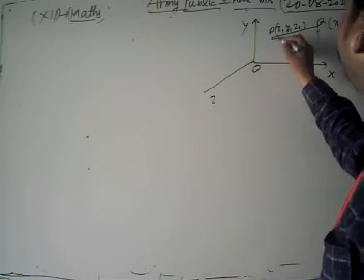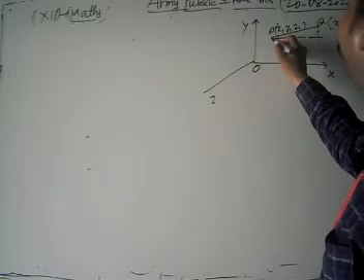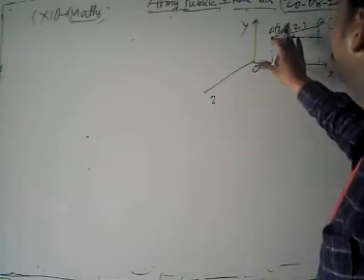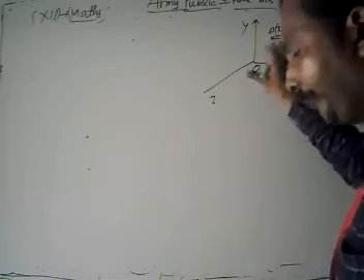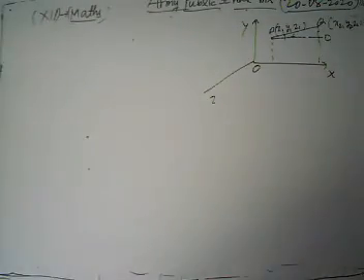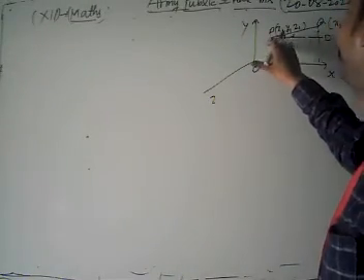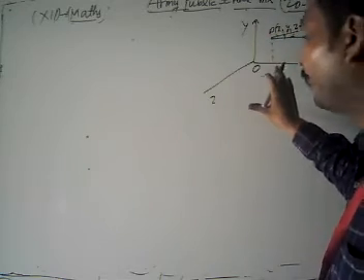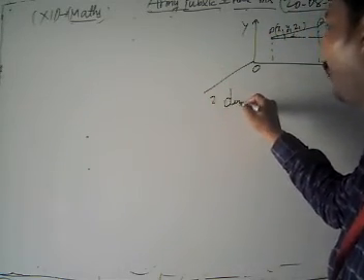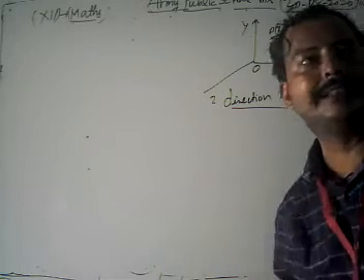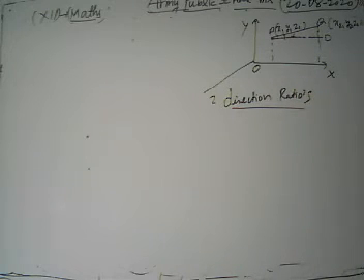Suppose alpha is the angle. Looking at the figure, we are going to find the direction ratios from PQ.